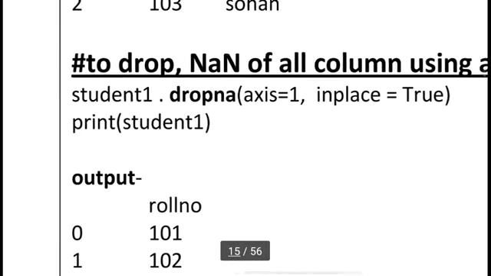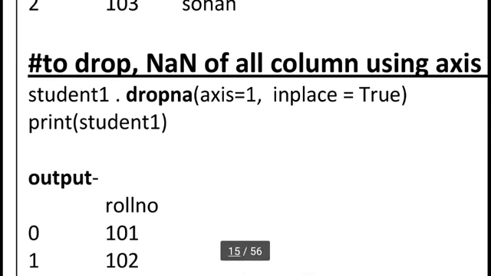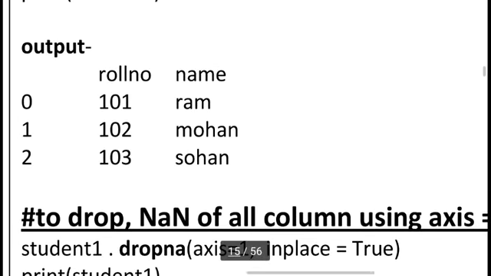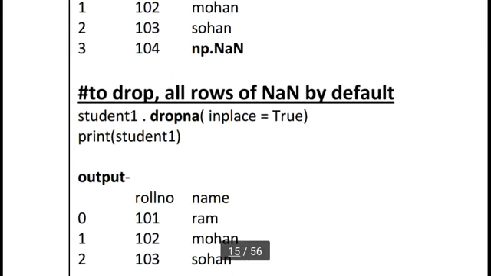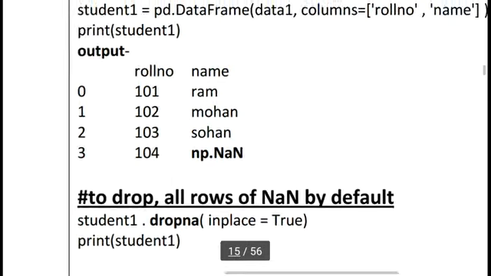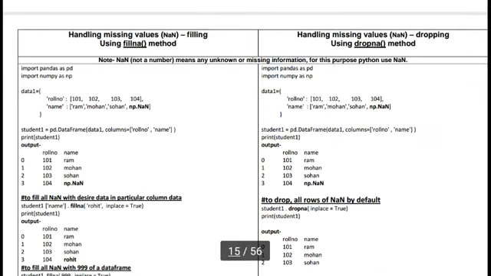So we can delete entire column values and row values using the dropna method. Any unknown information we can handle using the fillna method and the dropna method.